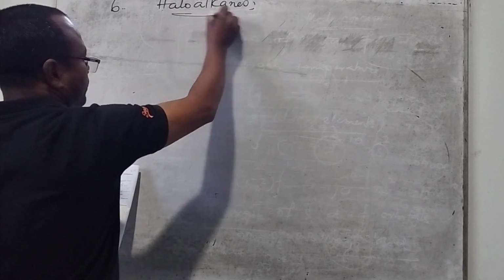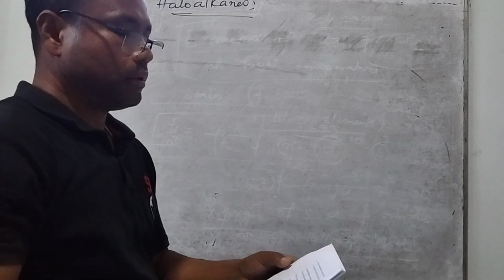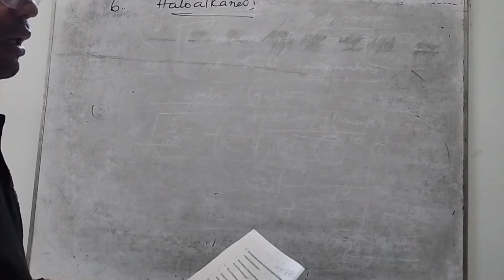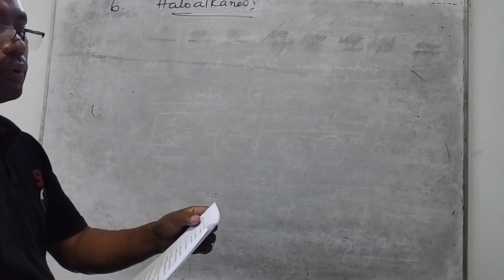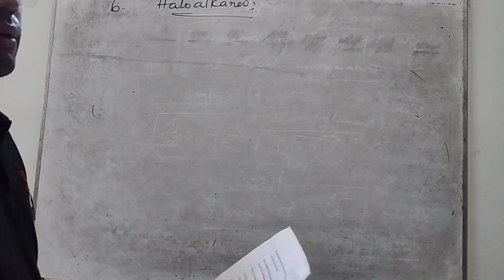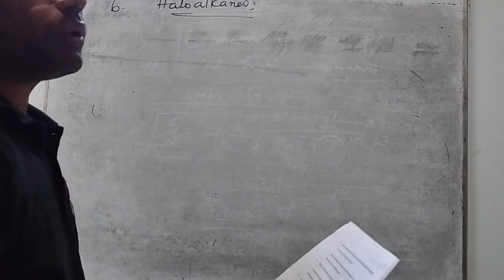Now, what knowledge is related to this haloalkane? Here the question is, how many isomeric monochloroderivatives will be formed when 2-methylpropane is subjected to photochlorination?